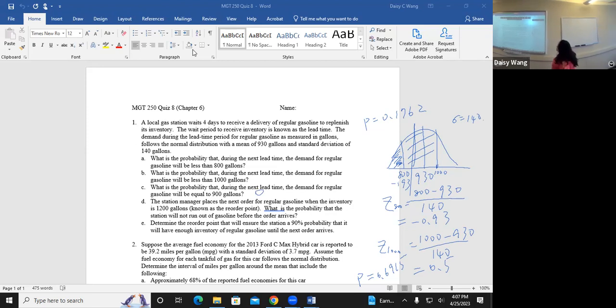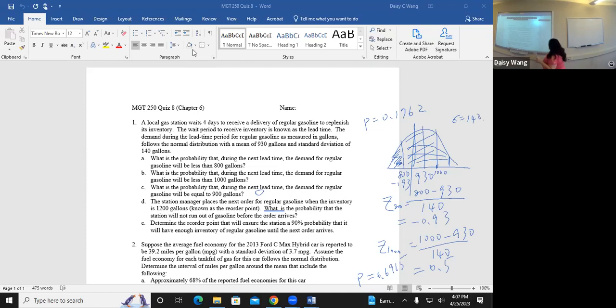And then the station manager places the next order when the inventory is 1,200. What's the probability that the station will not run out of gas? So 1,200 is here. As long as demand is less than 1,200, they won't run out of gas.